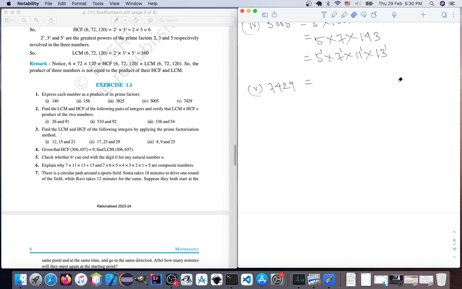Is it divisible by 13? 13, 65, 92, 7, 4, 2, 9, 65, 91, 1, 9.